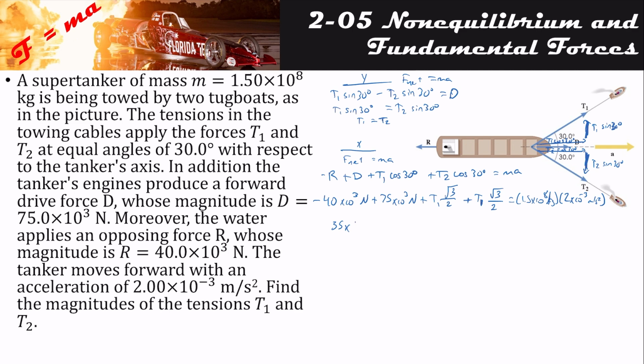So 35 times 10 to the 3rd newtons, plus T1 times square root of 3 over 2 plus square root of 3 over 2, which would just be the square root of 3 T1, equals 300,000 newtons for the ma.